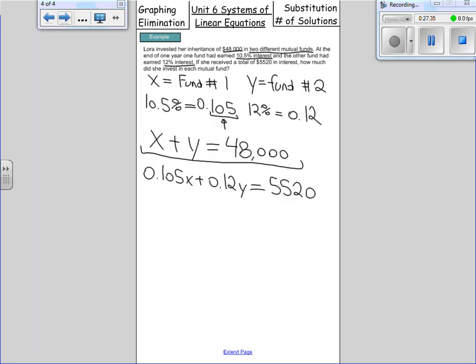0.105x plus 0.105y. And it's equal to what? 48,000 times, what is it? 5,040? Can we confirm that? Yeah? We're happy?